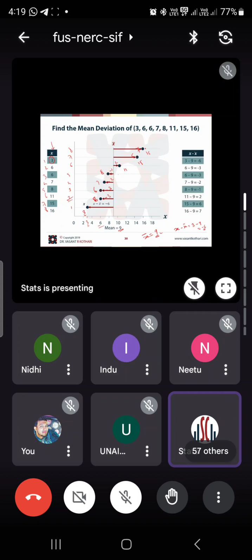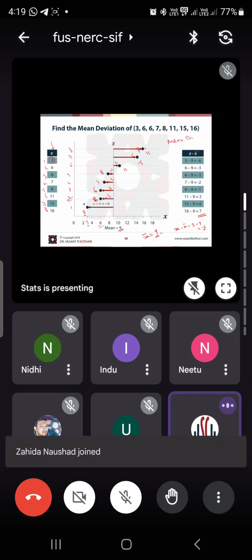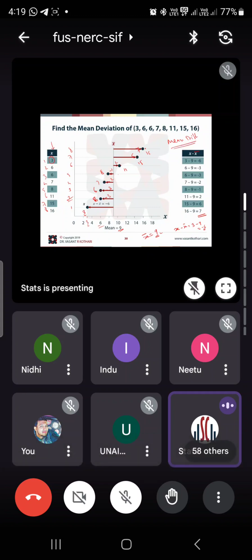See here, x minus x bar. So we have the 8 numbers, and now we know how far each and every individual number is from the center, and that is nothing but the mean difference.